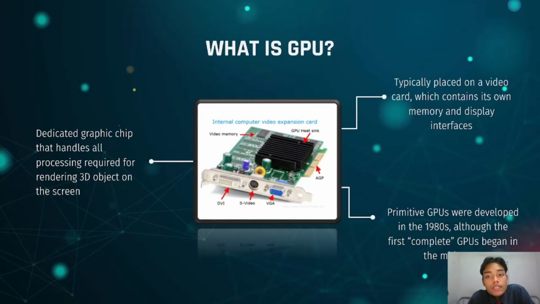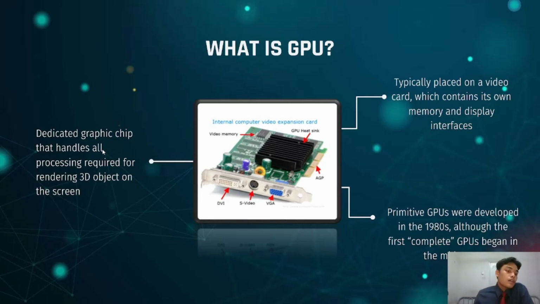So, what is a GPU? Here we have the diagram of an internal computer video expansion card. The first point is that it is typically placed on a video card which contains its own memory and display interfaces.